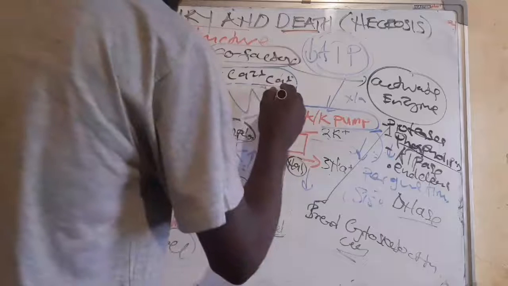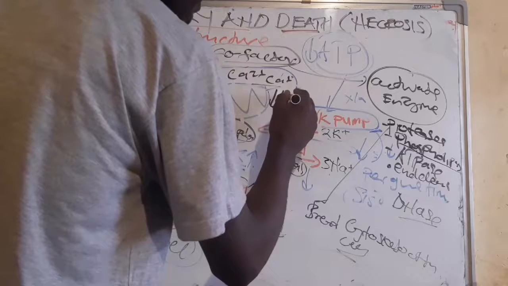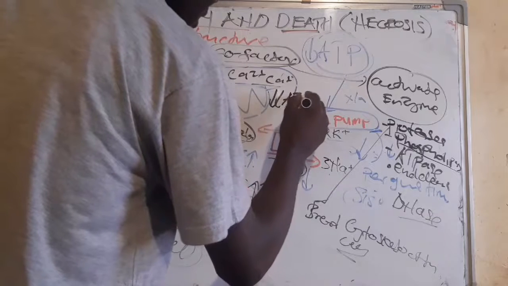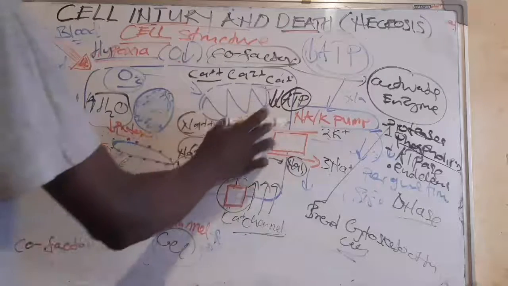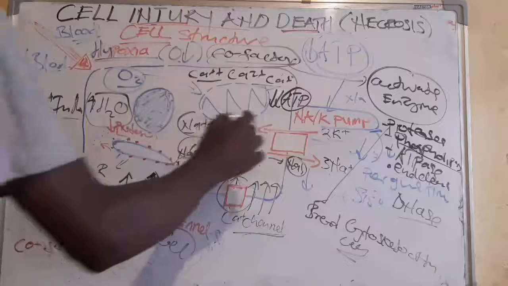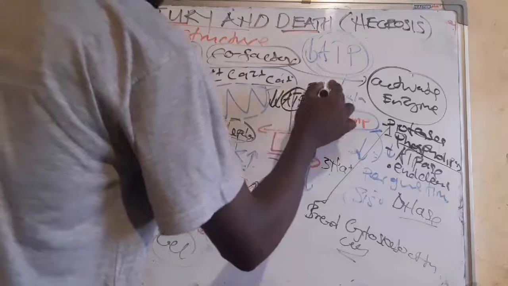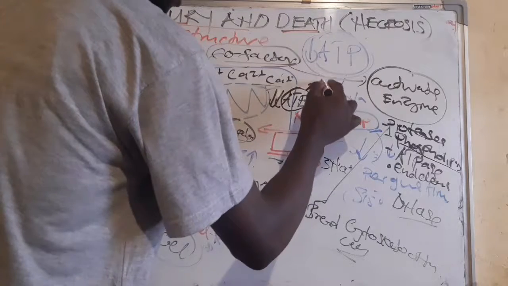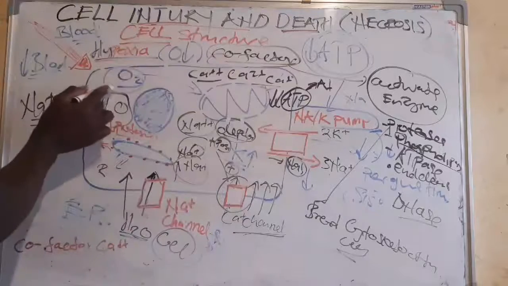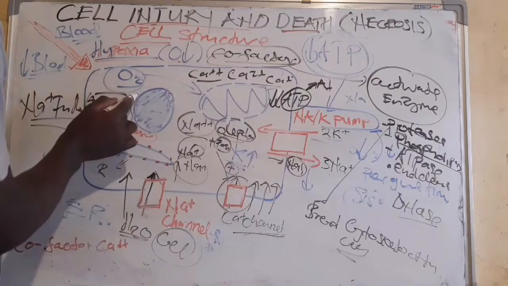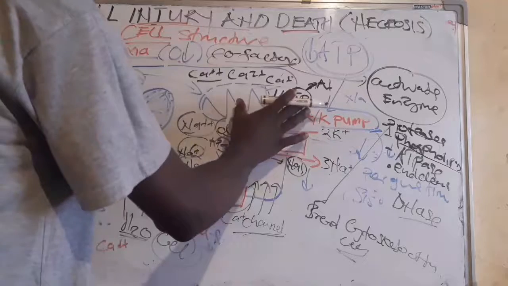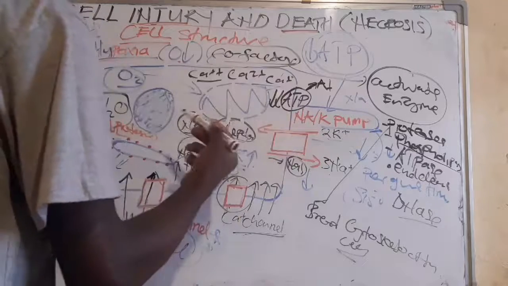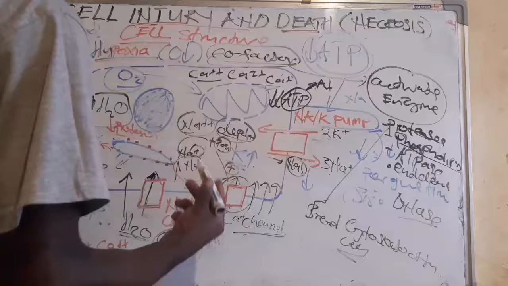It leads to reduction of ATP synthesis. Since initially, when there is less oxygen, there is a reduction in ATP production, because oxygen is required so that ATP can be produced.